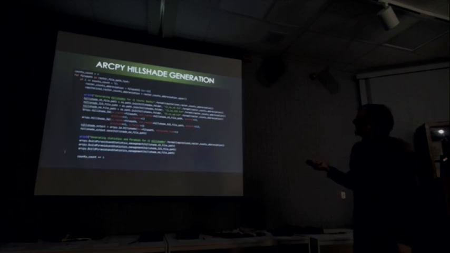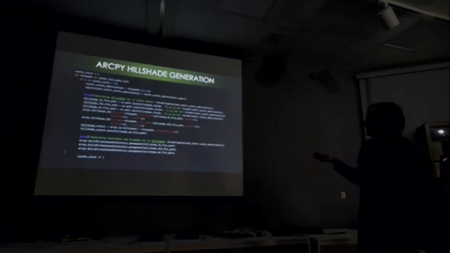And then I figured out that you can actually generate multi-directional hillshades as well using Python. So this was another bit of code that I let run overnight to generate all of the hillshades that I wanted, and then built pyramids and statistics for all of them.